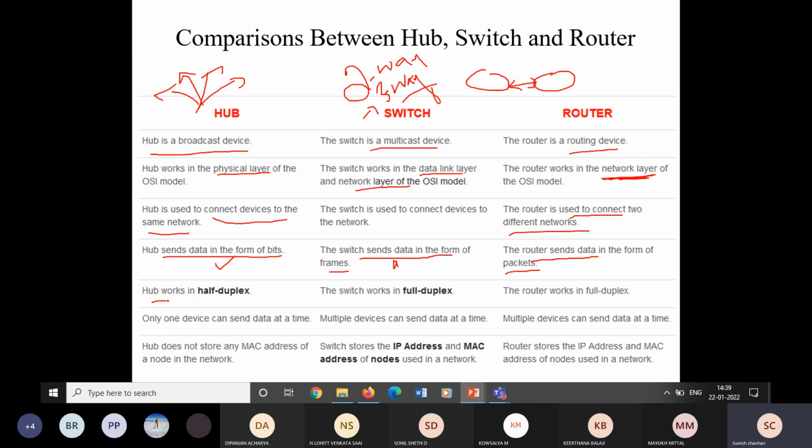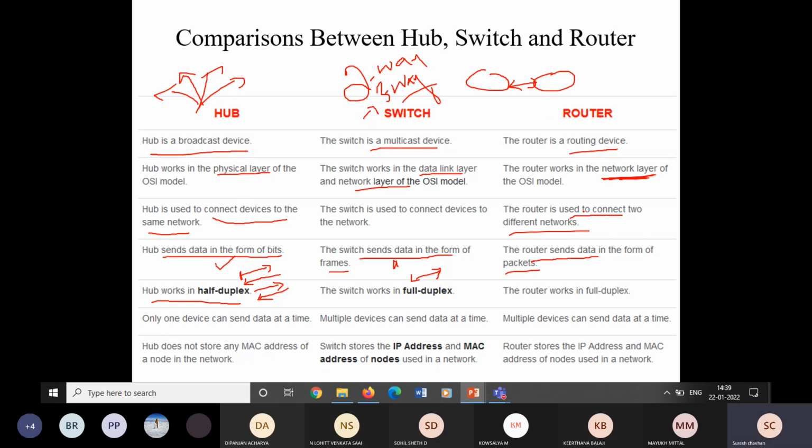And the hub works in half duplex, right? So at a time both cannot speak. Device A can send the data and wait, then device B will send the data and wait, and again A can send. Like this way. But in the switch, at a time both can send, so it is full duplex in the switch.